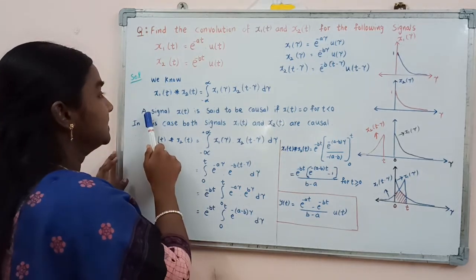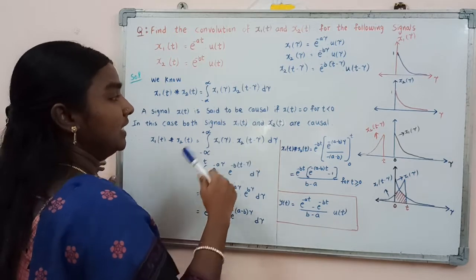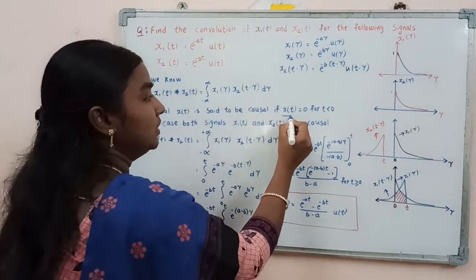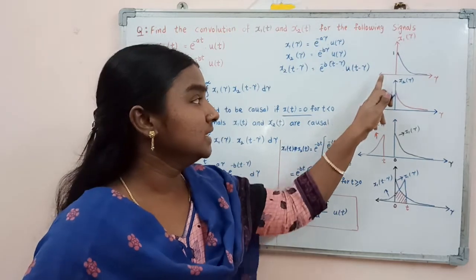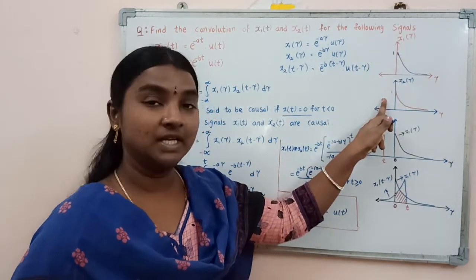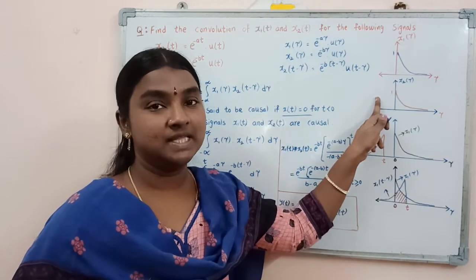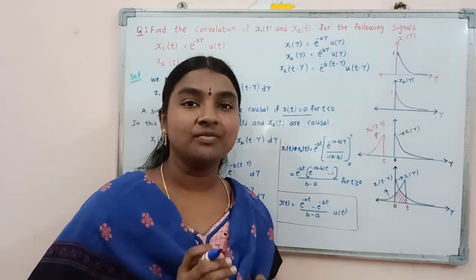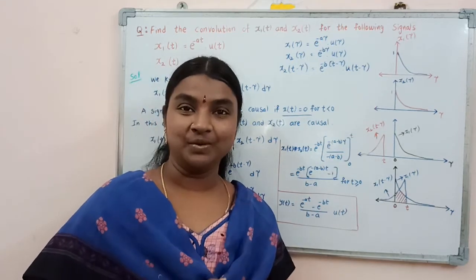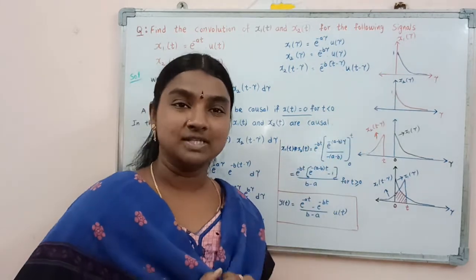A signal x of t is said to be causal if x of t equals 0 for t less than 0. Here in these two figures, it shows that x of t equals 0 for t less than 0, nothing but in negative time instances the x of t signal is 0. So both these signals are causal signals.